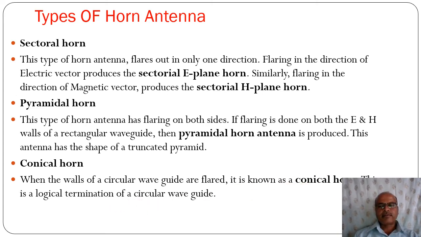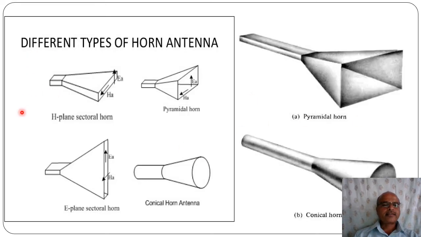As previously mentioned, this is an H-plane sectorial horn, that is flaring is done along this H direction, and this is a flaring, means this waveguide structure is flared in these directions. This is called flaring. Then E-plane sectorial horn. In that, when flaring is done along the E side, that is the electric field intensity side, then it is called an E-plane sectorial horn.